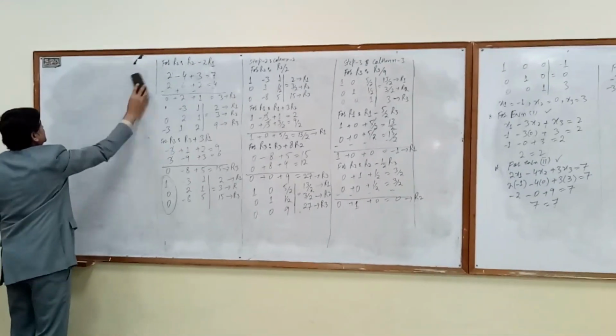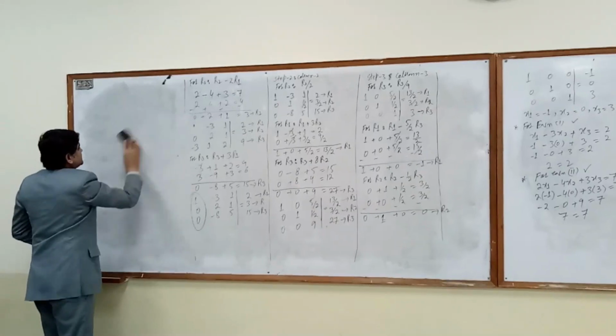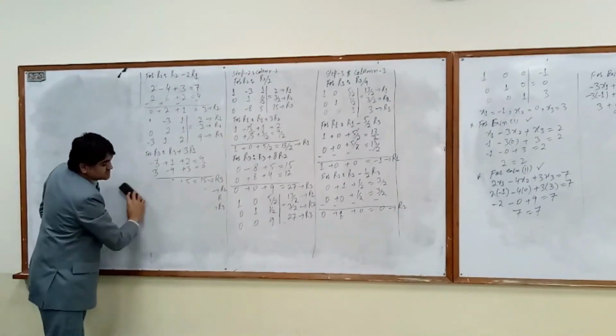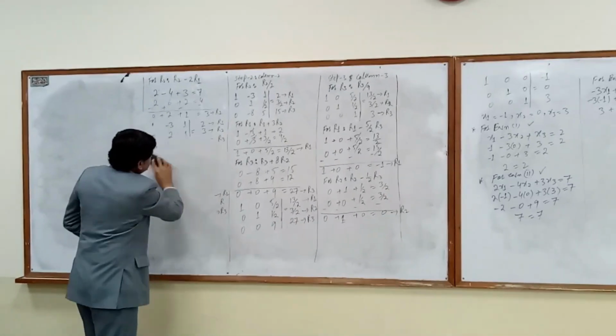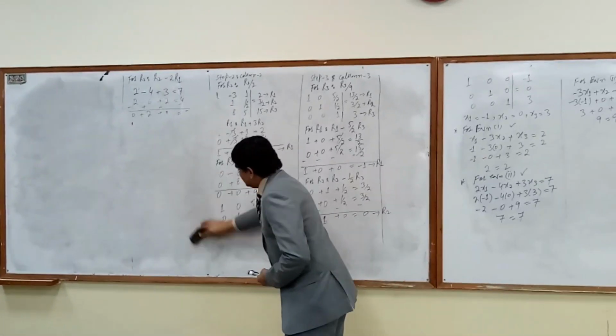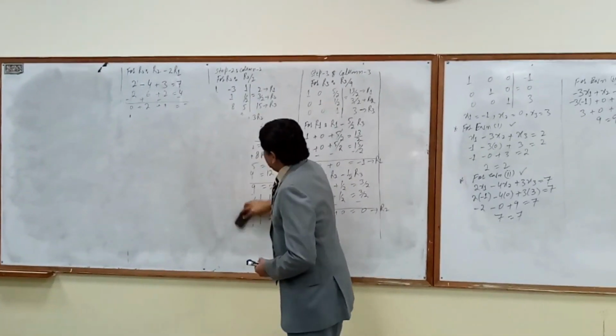So now, if you look at your book, question numbers 15, 17, 19, here we have 3 columns and 2 rows. We have a mix of questions.